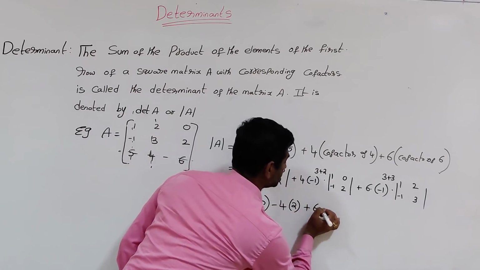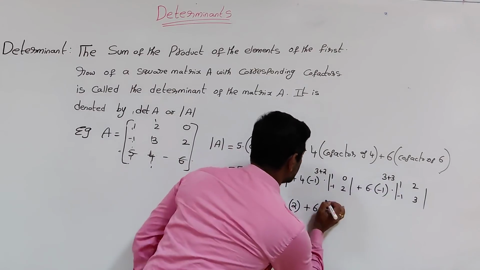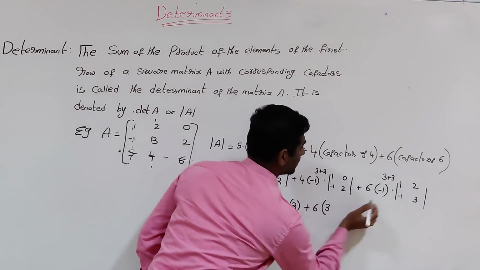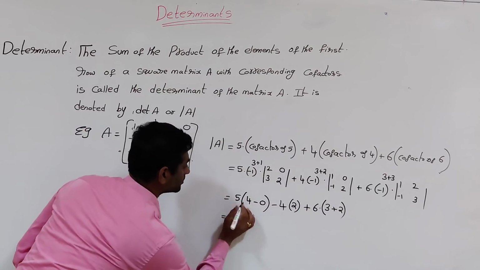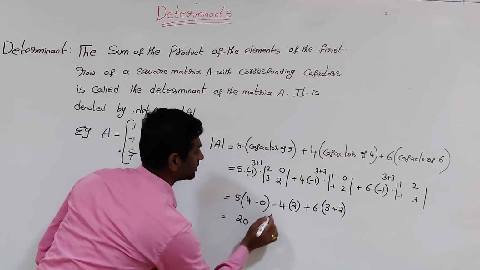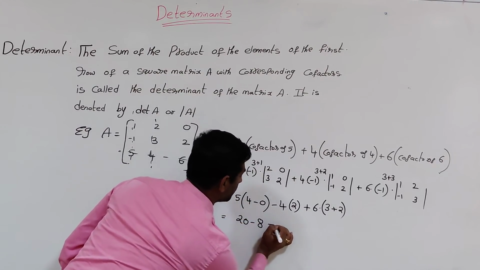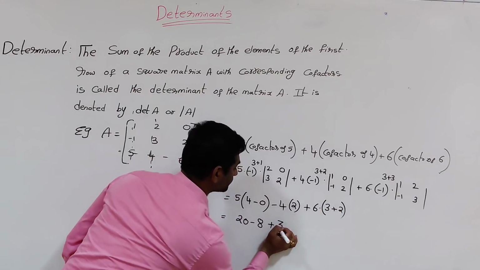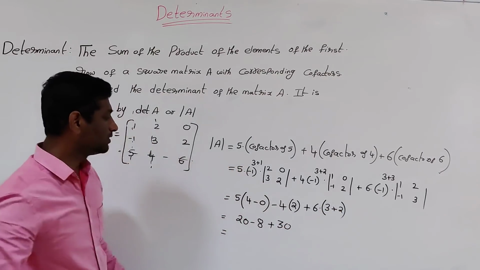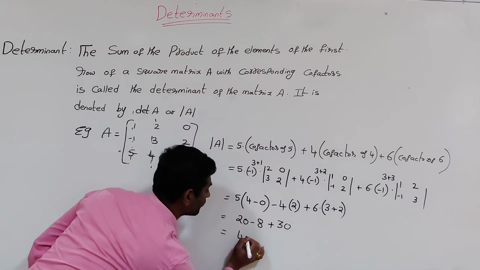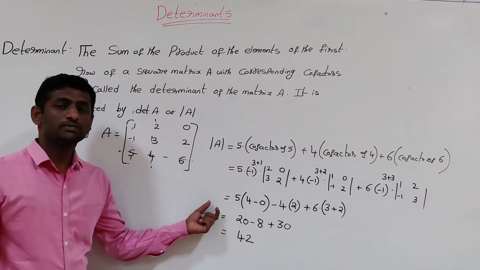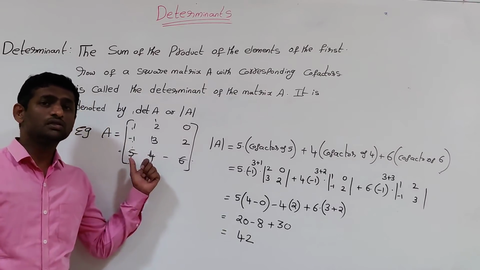Plus 6 into the determinant, which will be 3 minus of minus 2, so it will be plus 2. So 5 fours are 20 minus 8 plus 30. So it gives 20 minus 8 plus 30, which gives 40. Now this is the determinant by using the third row.